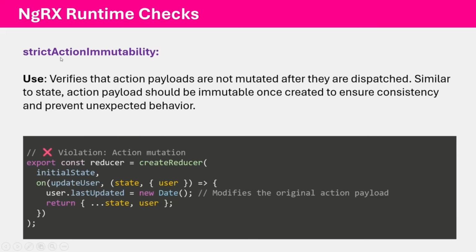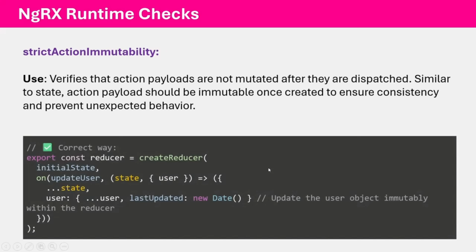So if this check is enabled, the action mutation rule will be violated and this runtime check will throw an error. In that case, the right way is to not update the original action payload. Instead, create a new payload. Here you see we are creating a new payload called user.